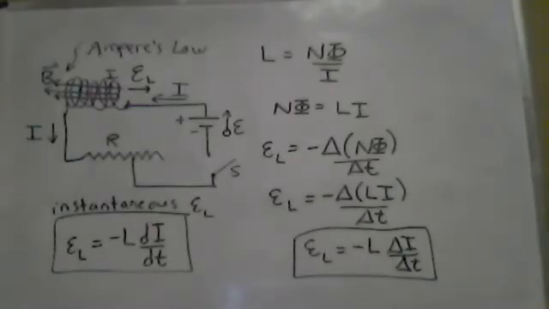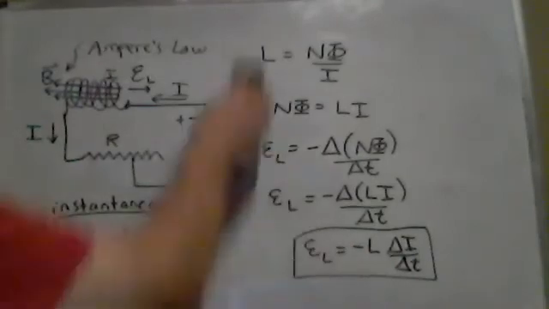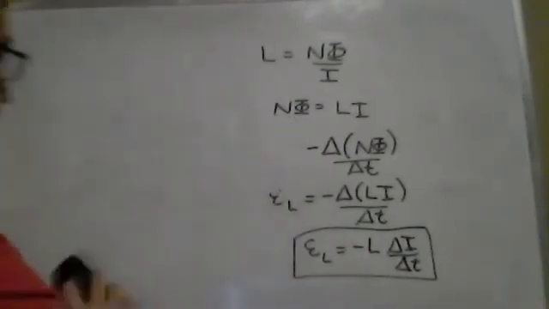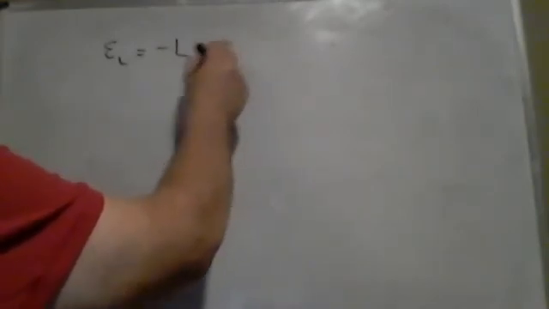Okay, so that is the self-induced EMF. And the direction of the self-induced EMF is determined by Lenz's law. Again, the self-induced EMF is negative L delta I with respect to t.